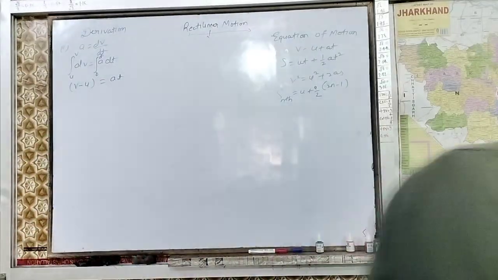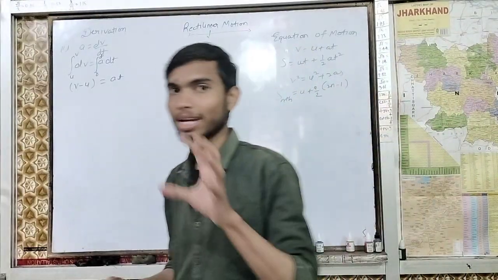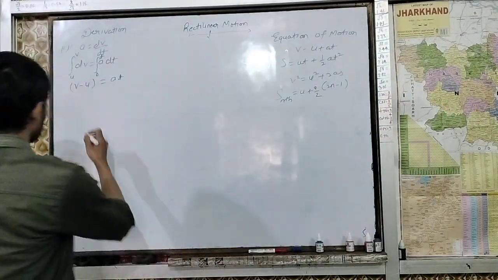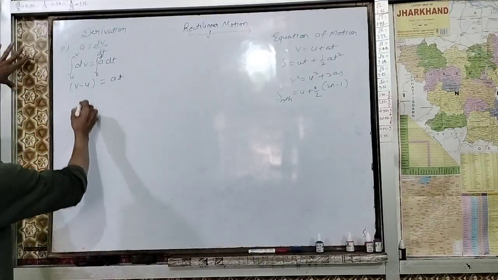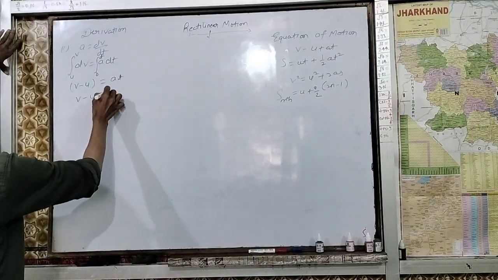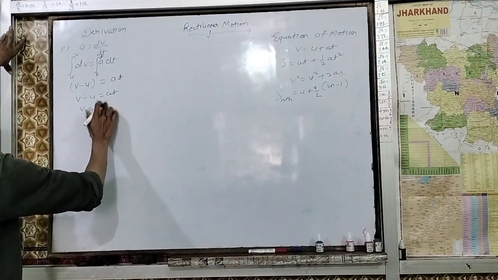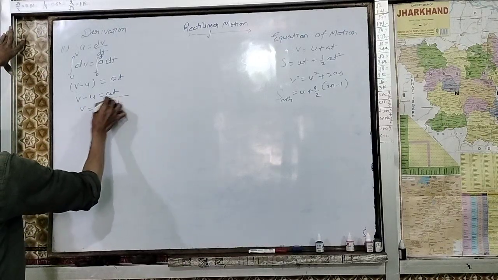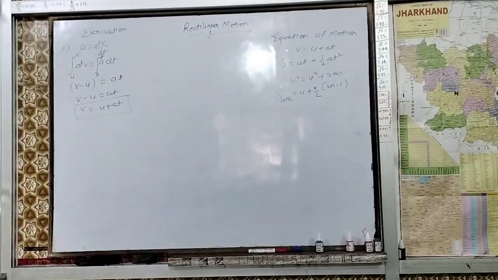Once you apply integration, your work is to simplify the equation. Here we have final minus initial, v minus u is equal to at. So v becomes u plus at. This is our first equation of motion. That is how you derive it by using calculus.